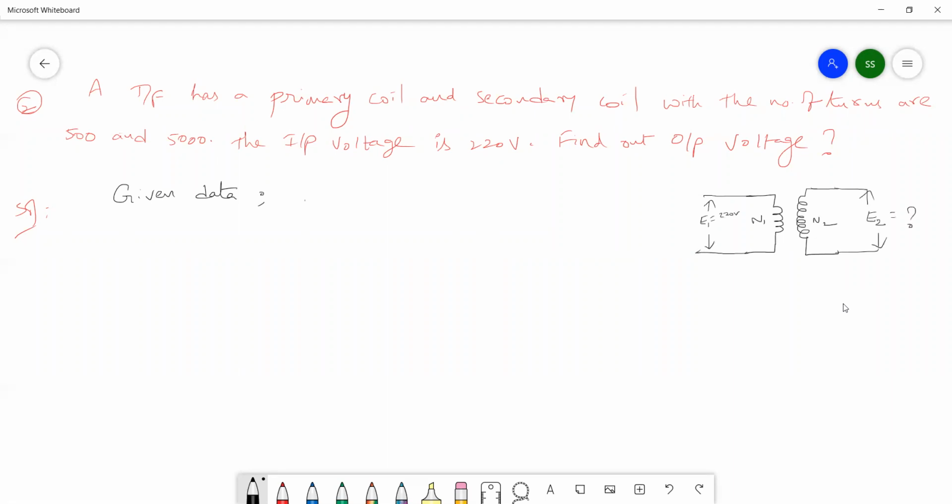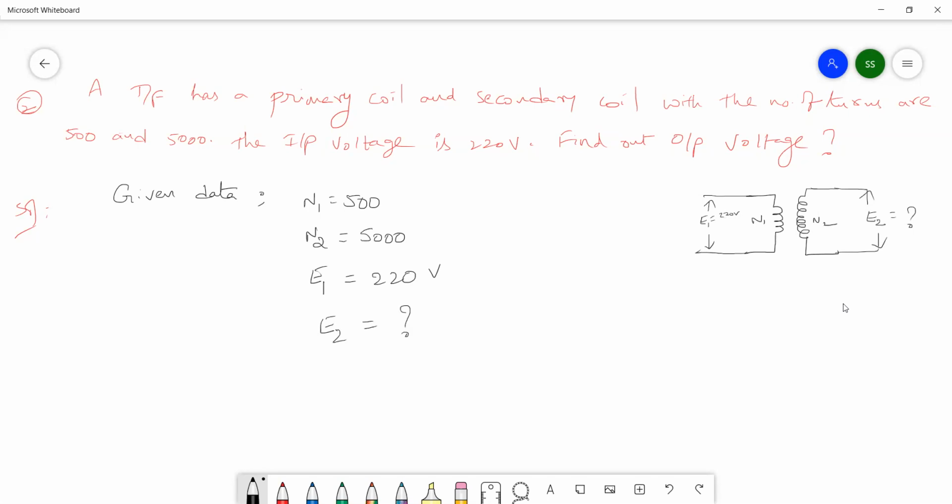So they given N1 as 500 turns, N2 as 5000 turns. And the input voltage E1 is equals to 220 volts and we need to calculate E2, nothing but the load voltage or output voltage.